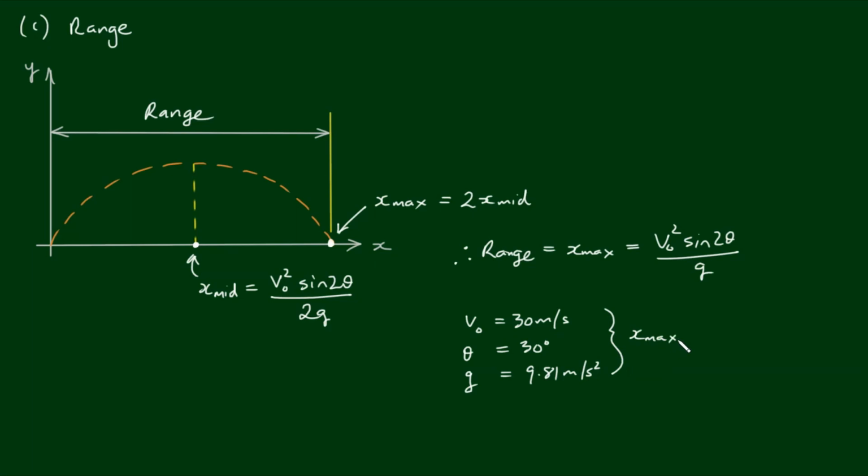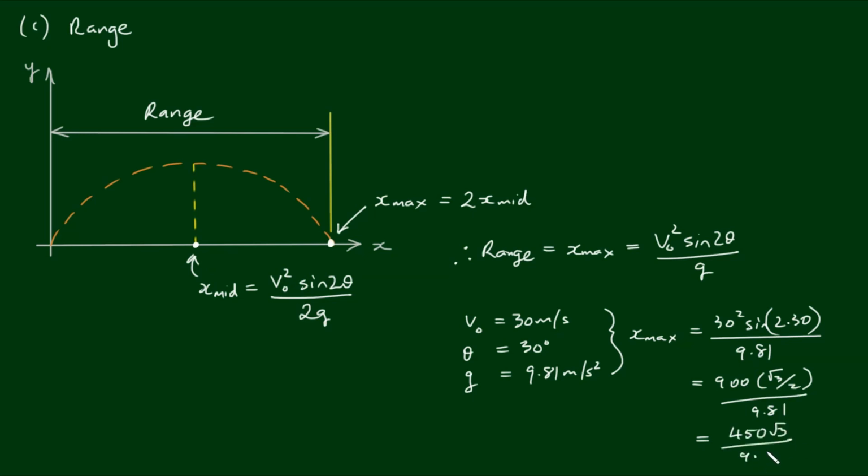Therefore the range equals 30 squared by sine of 2 times 30 over 9.81, and that's equal to 900 by root 3 on 2 over 9.81, which equals 450 root 3 on 9.81. Plug that into a calculator and we should get 79.45 meters.